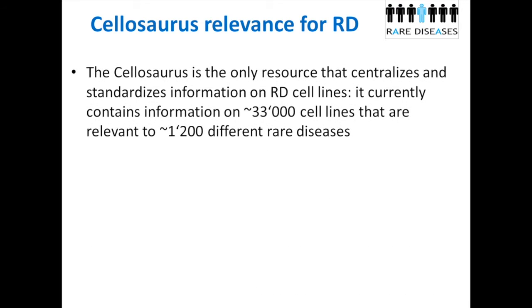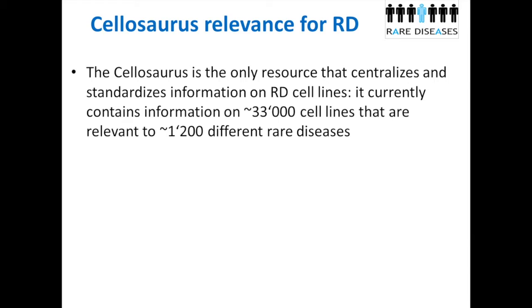Now, what is the relevance of the Cellosaurus for rare disease? Well, it's the only resource that centralizes and standardizes information on cell lines which are useful for rare disease. If you take all of the cell lines in Cellosaurus, about 33,000 of the 128,000 are from patients suffering from a rare disease, either a rare genetic disease or a rare cancer.